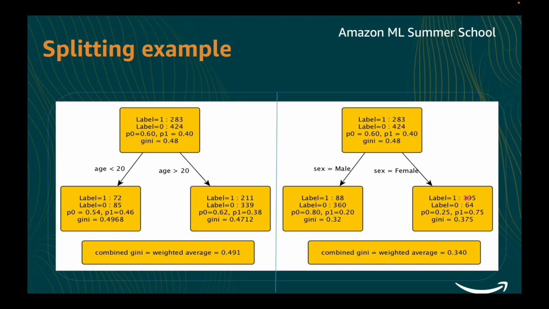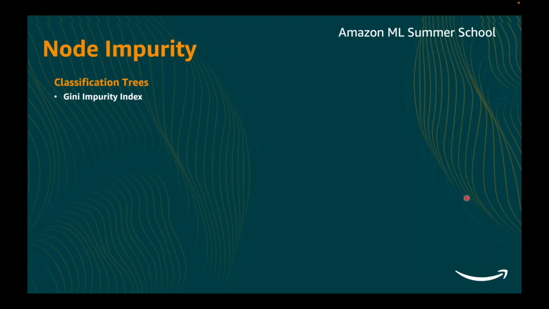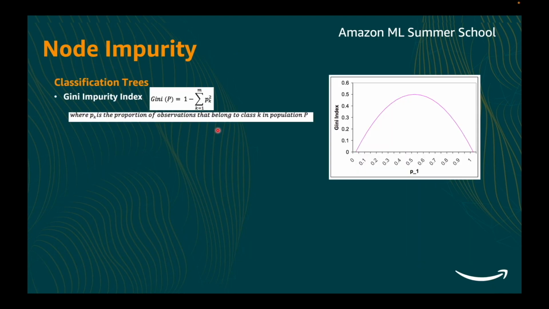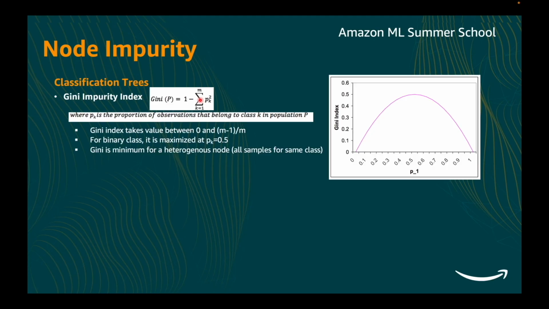We square that, and we do 1 minus both of those squared terms, and we get our Gini impurity value. That becomes the impurity value for the node. And as you can see, the Gini impurity value is an interesting thing. It takes values between 0 and m minus 1 divided by m, where m is the total number of classes.